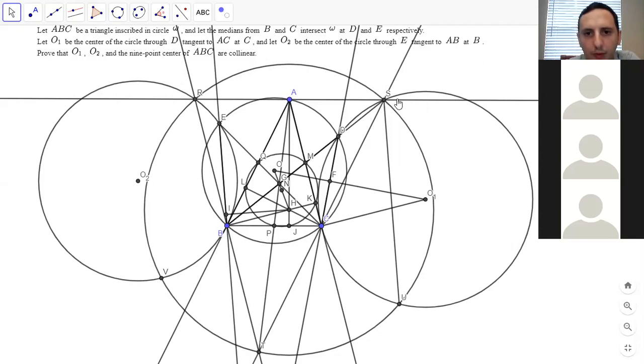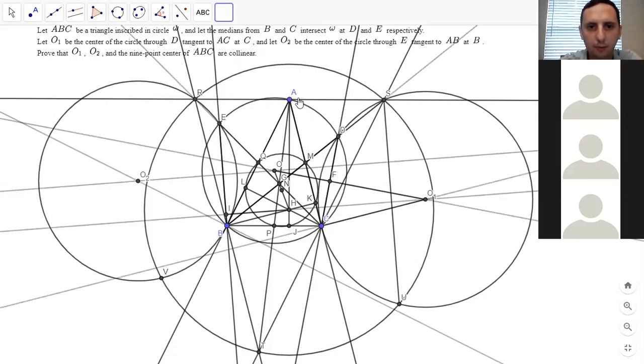So can we show that SA. Michael, what is S? How can we define S? Yeah, S is where we draw the parallel through A to BC and the parallel through C to AB.